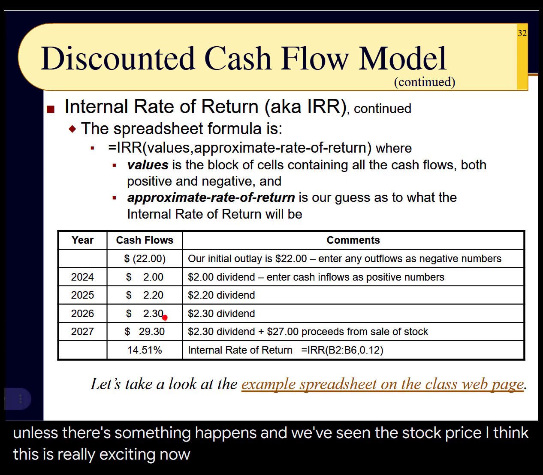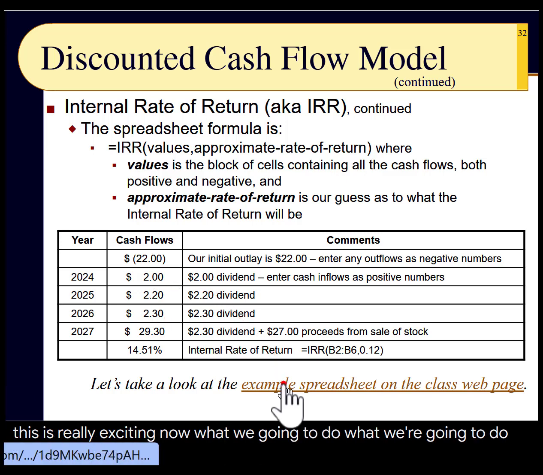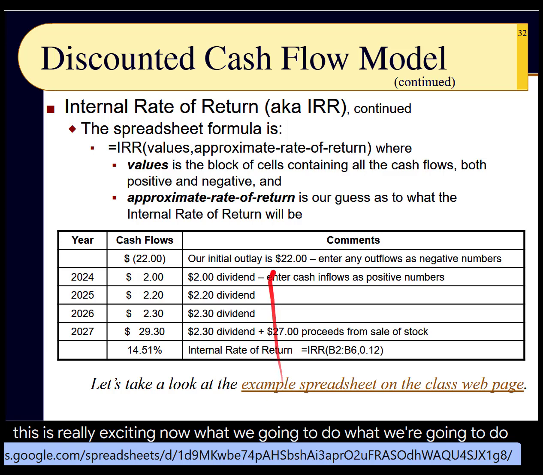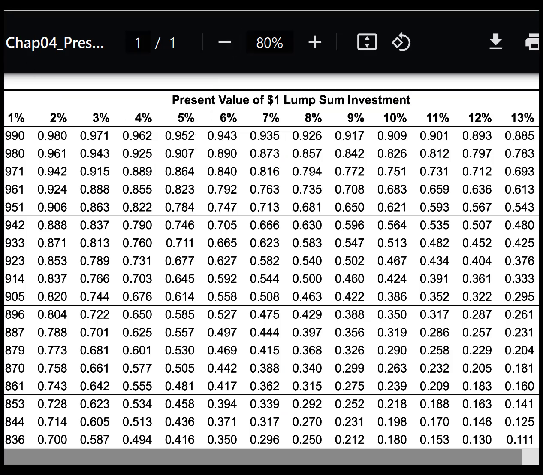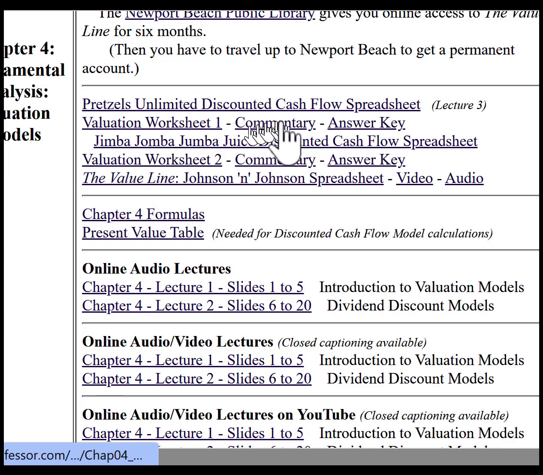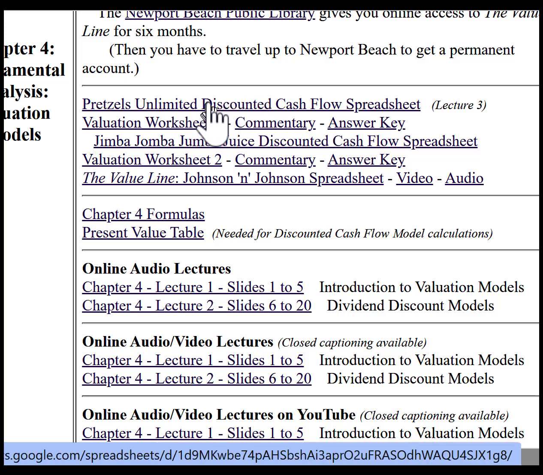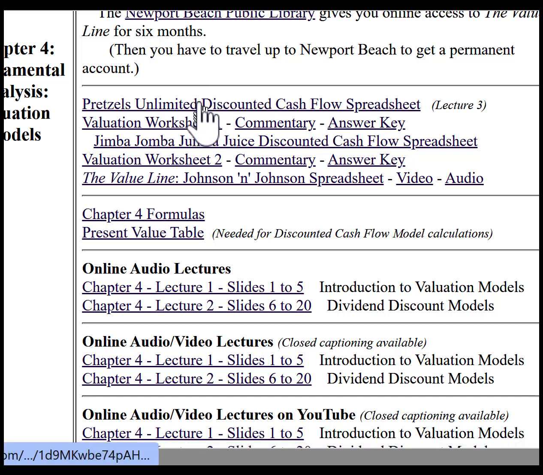Now, what we're going to do now, actually, wait a minute, do I have a presentation? I do have that, don't I? Wait, let's go back here. Oh no, I don't. I'm going to put a presentation on how to use the Pretzels Unlimited Discounted Cash Flow spreadsheet. Okay, well, actually, why don't we just take a look at the spreadsheet now?